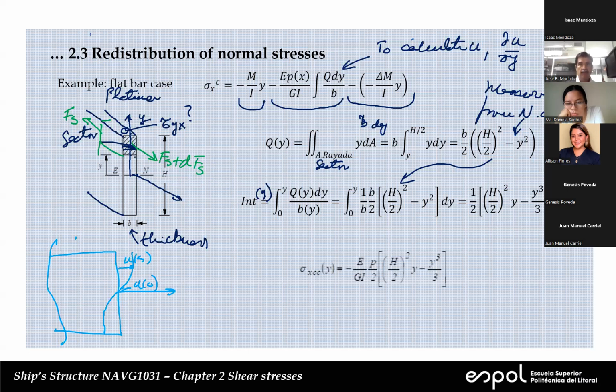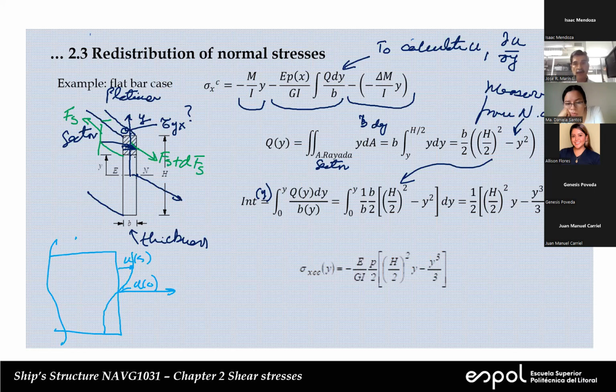And after that, we simply replace. We have minus E over GI. This is P, this is force per unit length, and this is the term that we just obtained here. In this process, we have to be very careful with the units. Since we have so many terms, after a certain number of steps you have to check. Let me write it down.